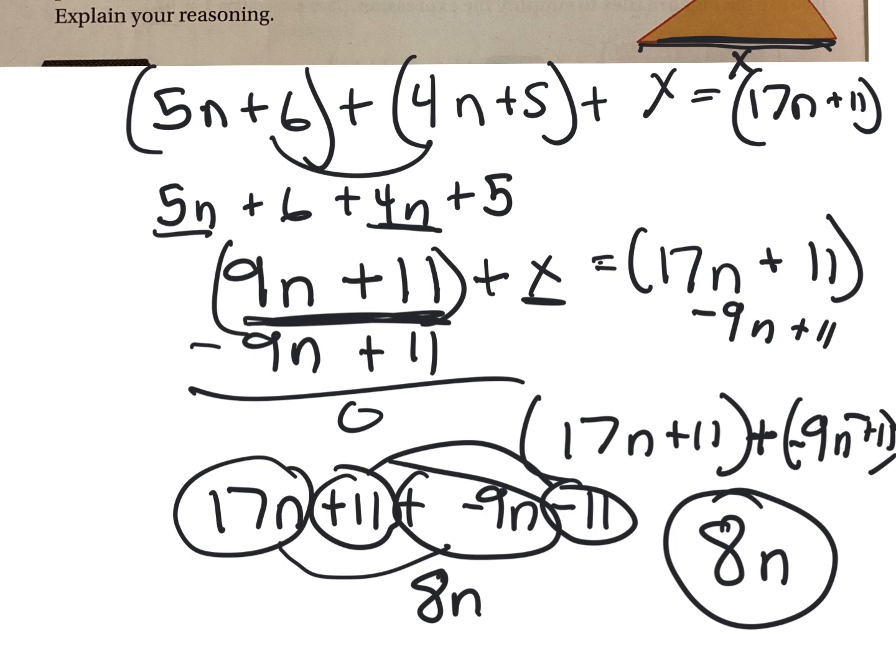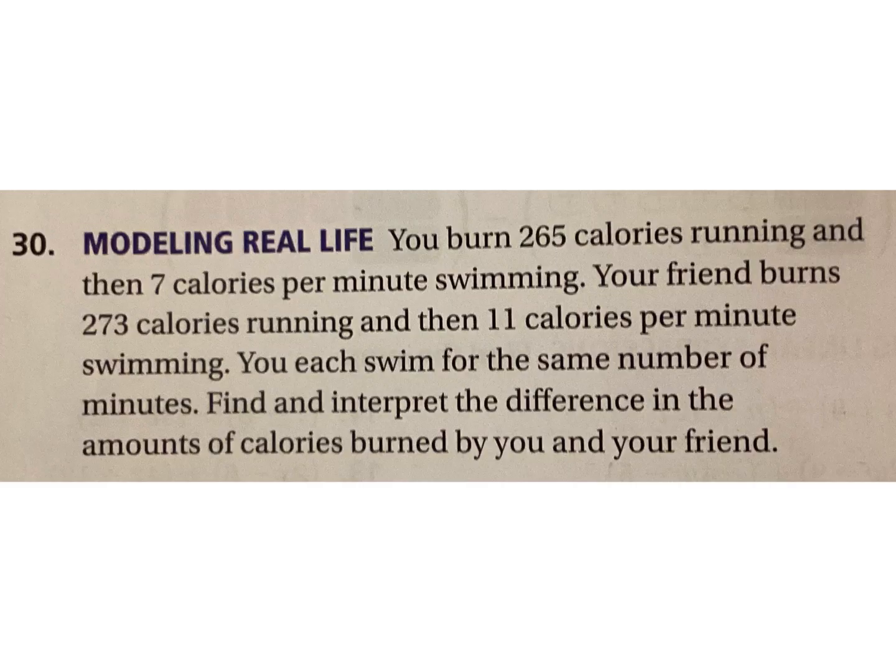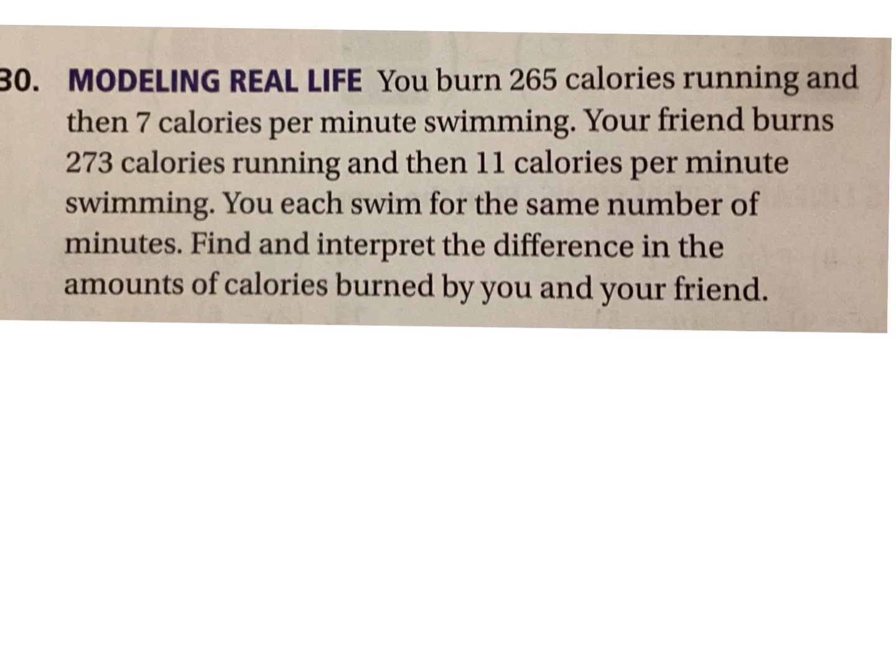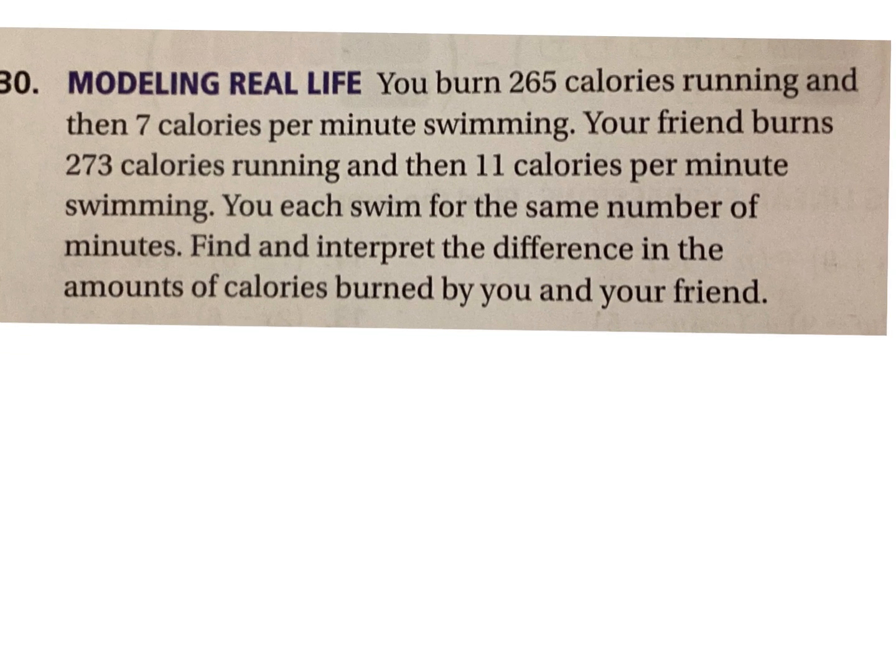Okay. One last one. A word problem. You burn 265 calories running and then 7 per minute swimming. Now we don't know how long we're swimming, so this is going to be 265 plus 7 times x, my minutes. And you know what?